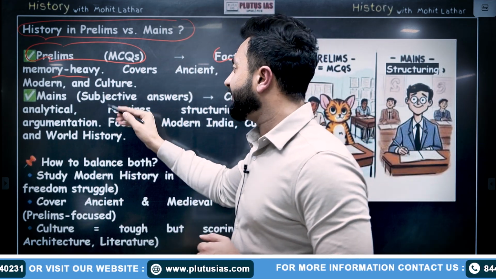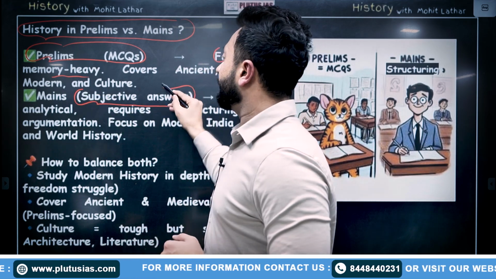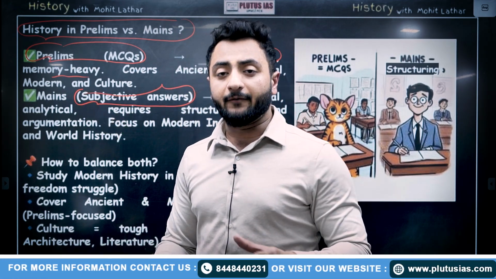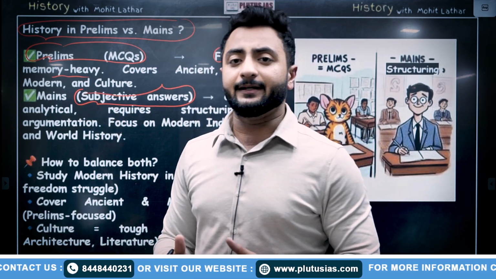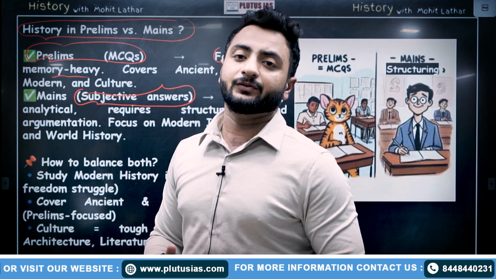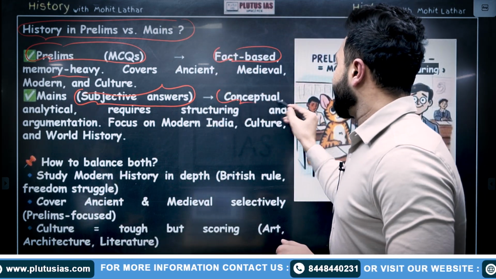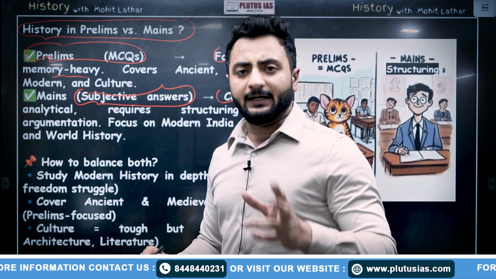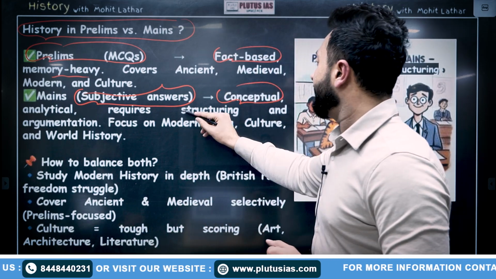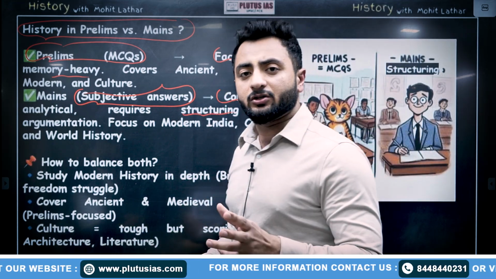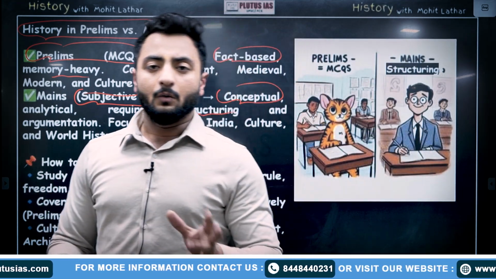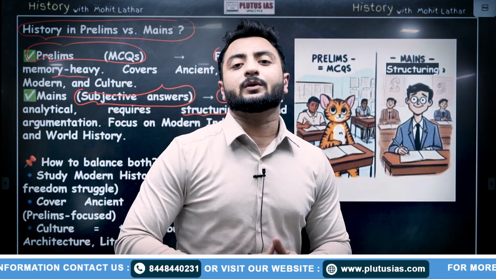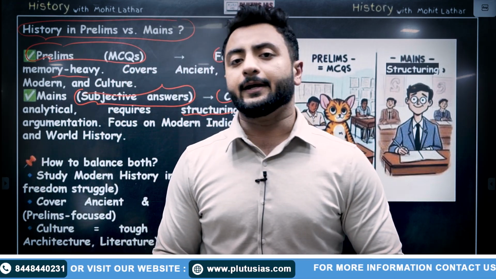When you come to mains, you have subjective answers. You have to elaborate, you have to discuss, you have to explain the significance of the events, like conceptual understanding and analytical abilities, which require structuring and argumentation. If I ask you why the Gupta period was known as the golden age of ancient India, now you have to discuss it.